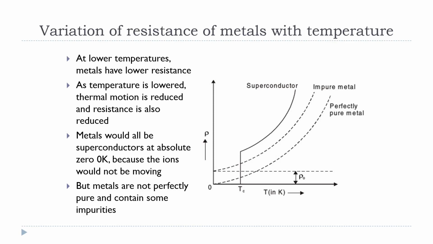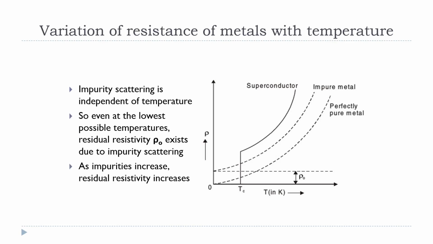Because the ions will not be moving at all. But it is not so. Metals are not perfectly pure and they contain some impurities. Hence, impurity scattering occurs and this creates the residual resistivity. It is independent of temperature.